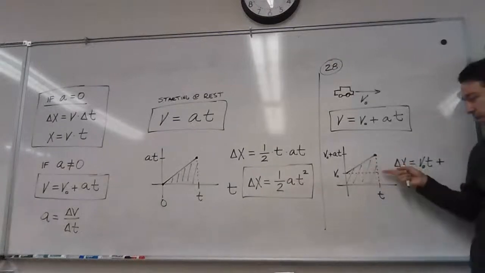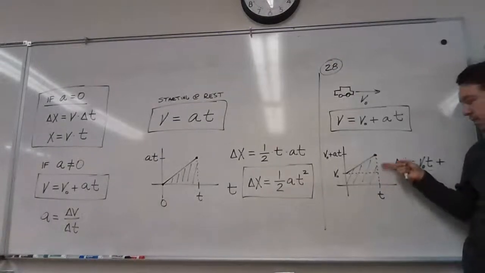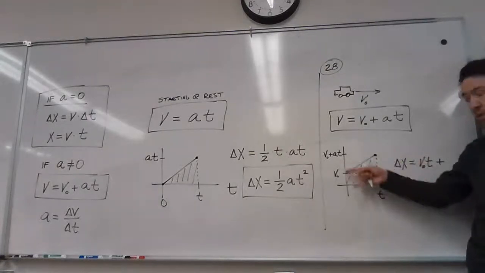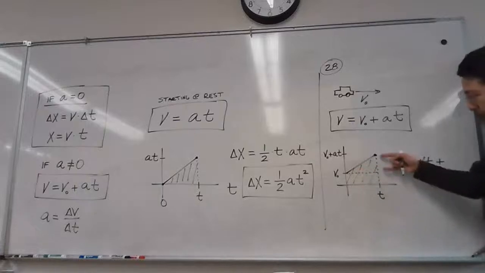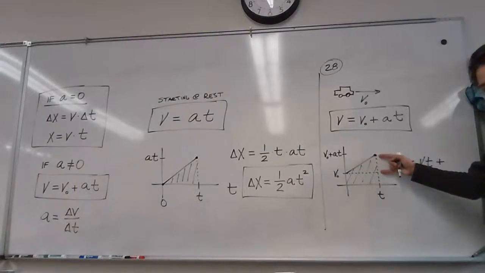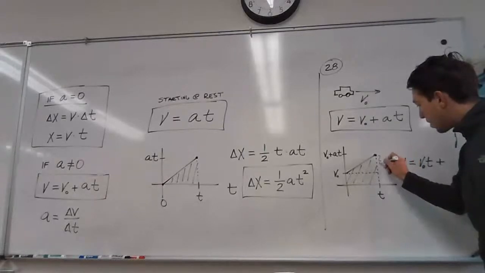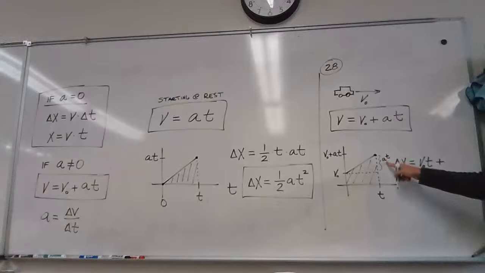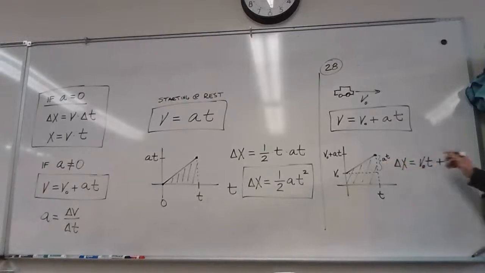You see how this height is v0, and this height is v0 plus at, so the height of this triangular section is the difference between those. That's the extra speed we gain by accelerating, at. So what's this term going to be?